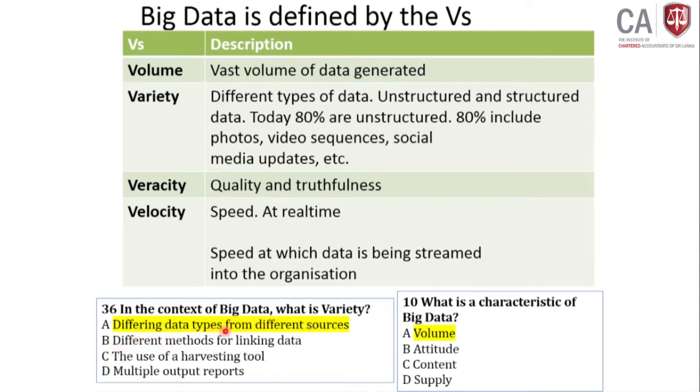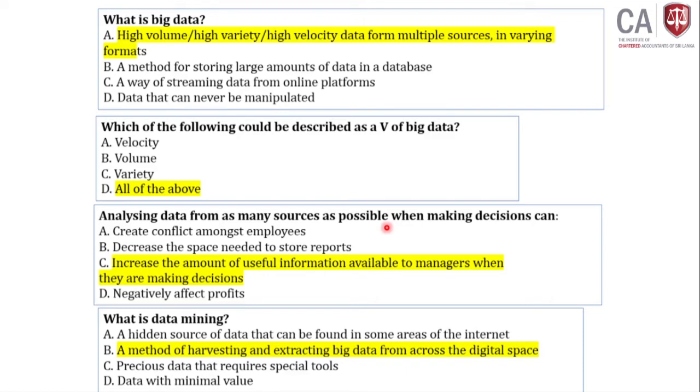Differing data types from different sources is the correct answer. Variety is there; you can see the answer. What is a characteristic of big data? Volume is one answer. What is big data? High volume, high variety, high velocity data from multiple sources in varying formats.